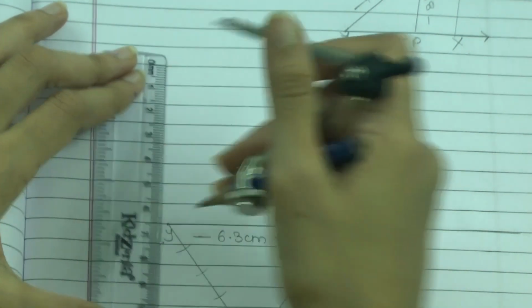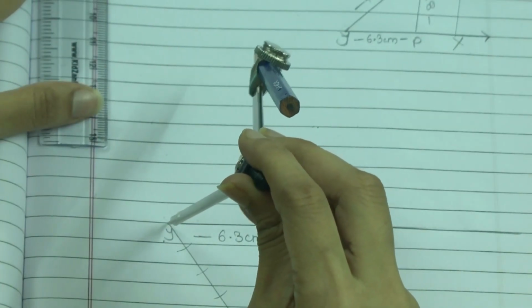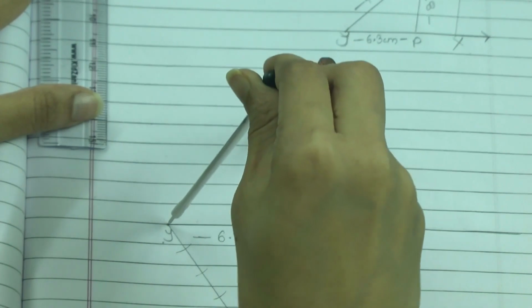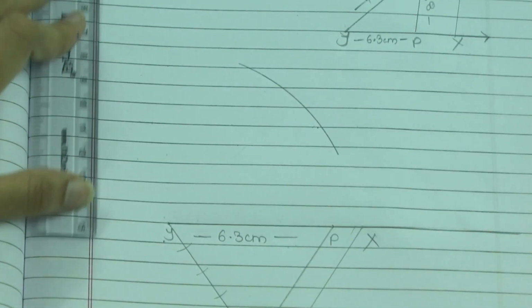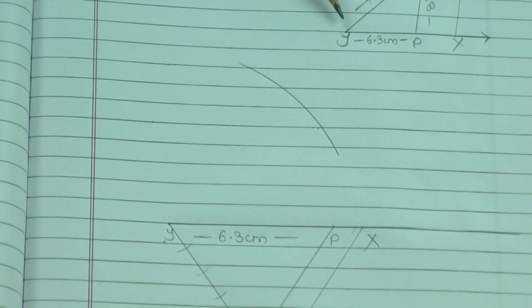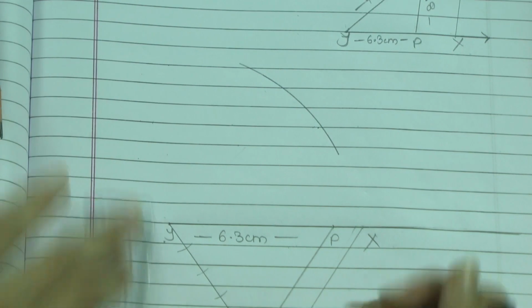Yes, 7.2 it is. Keep at Y and give an arc, large arc. Okay. Now, take the measurement of 5.8 as per the rough diagram.